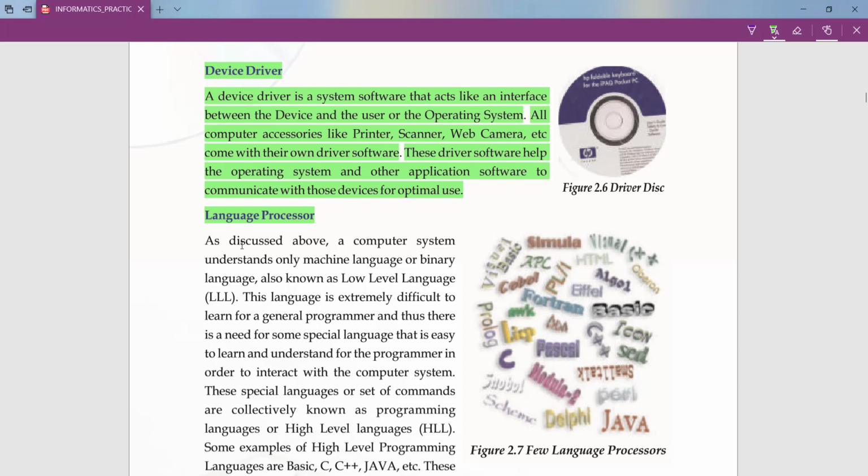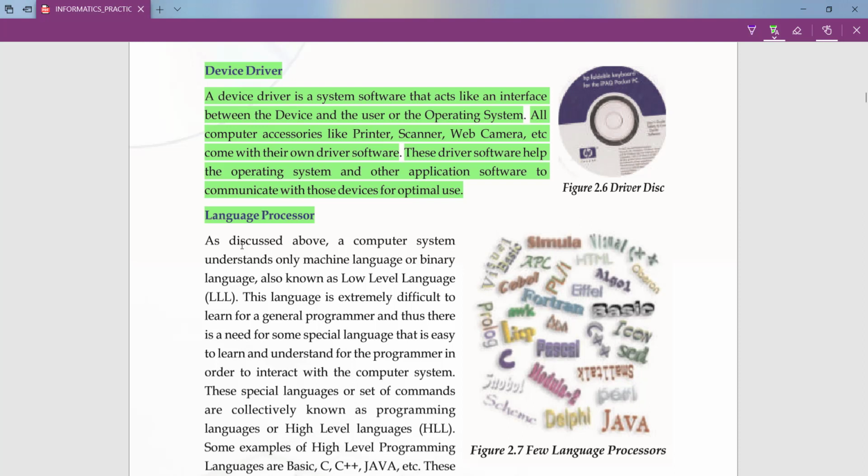And what is its importance? All the students know that a computer only understands machine language. That is also known as binary language, and binary means 0 and 1.